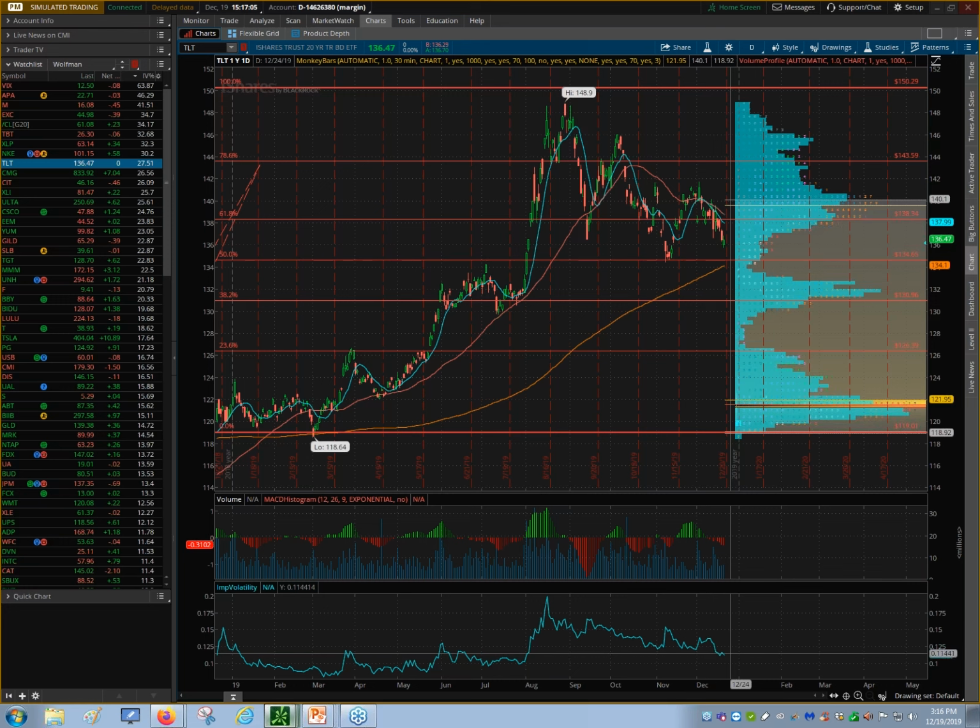Implied volatility is different for every single underlying, you guys. Because 11 seems low, Tesla would never get to an 11. Tesla actually would never get down to a 20, right? So what we're trying to figure out is whether 11 is high or low for this particular underlying, and that's what implied volatility percent is.